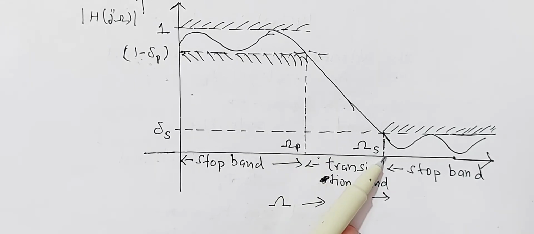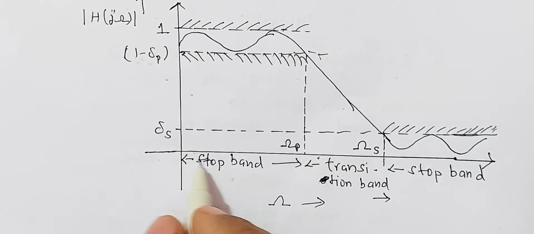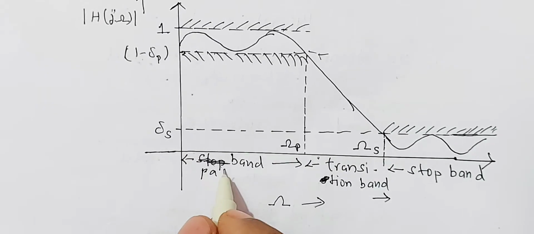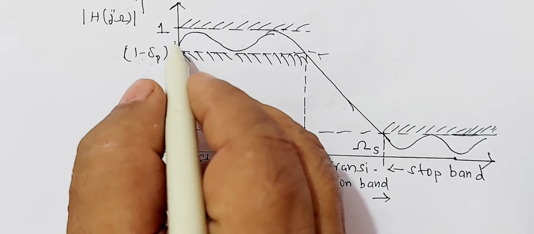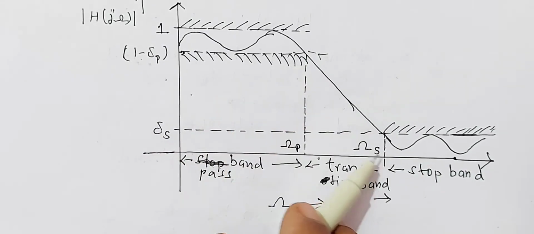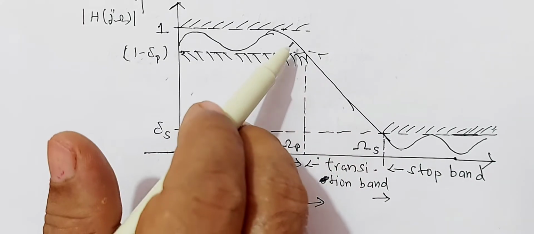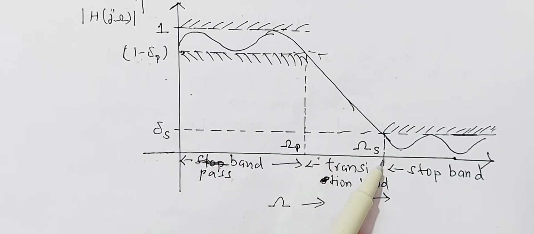This is called transition band. This is called pass band, because from here to here the output voltage is passed. From here to here the output voltage decreases, or it has a transition from a higher value to a lower value. Therefore, this is called transition band.